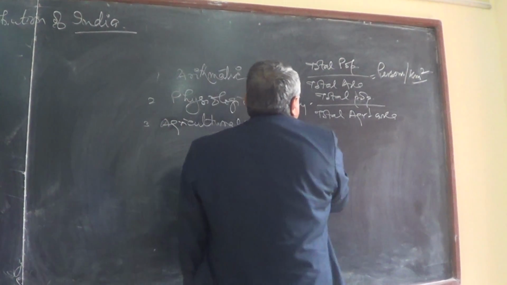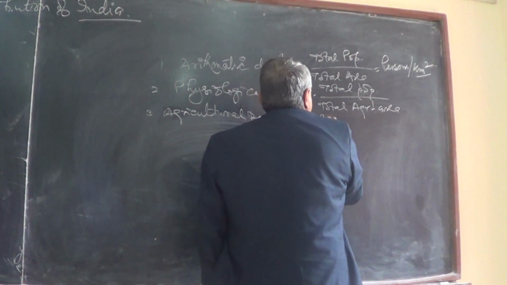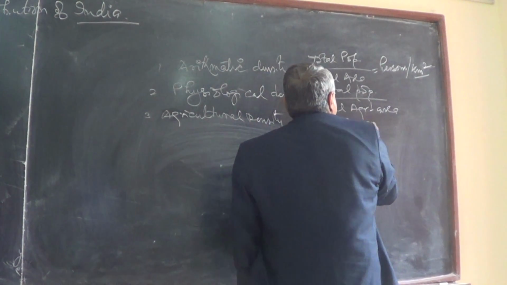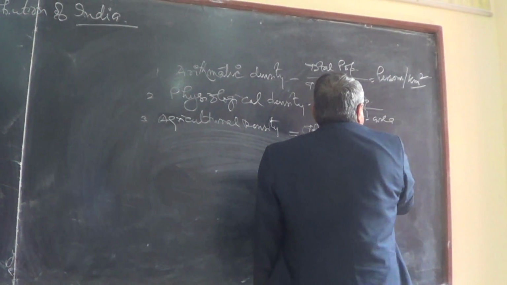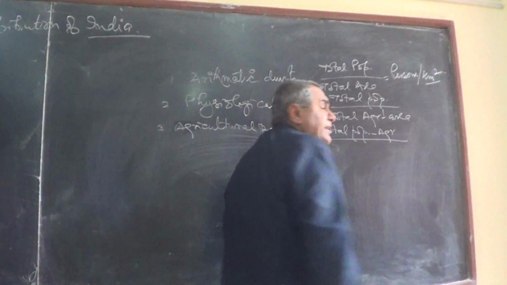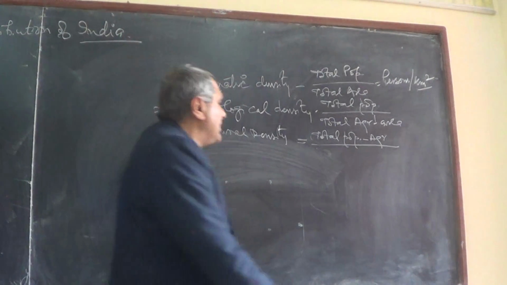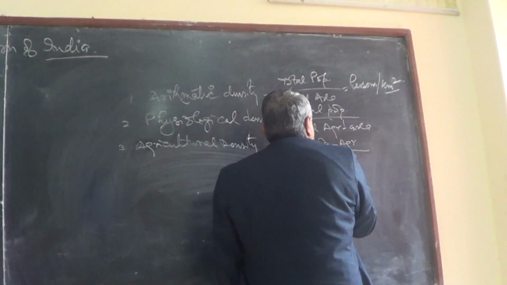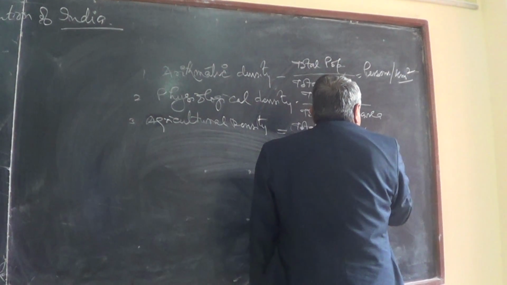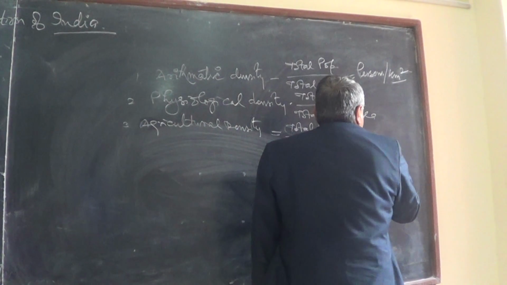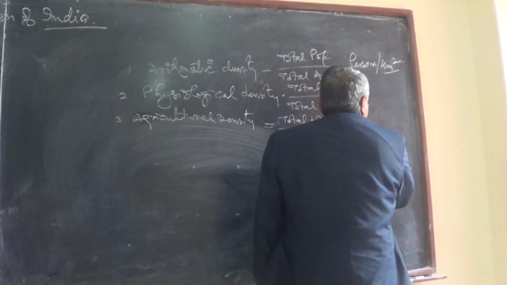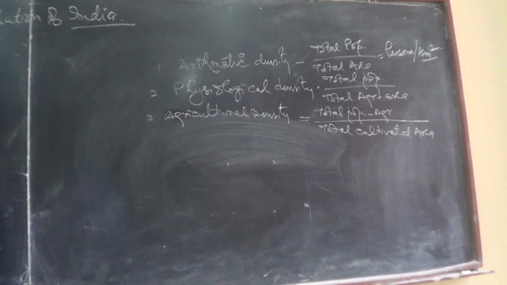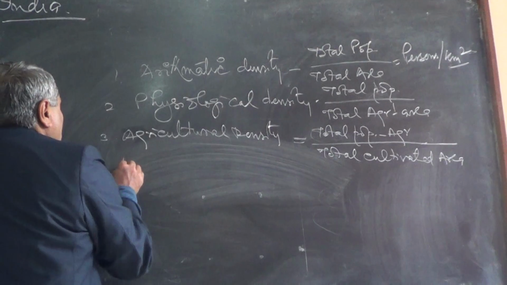Agricultural density means total population engaged in agriculture divided by the total cultivated area. This is called agricultural density. Apart from that, we have the nutritional density.